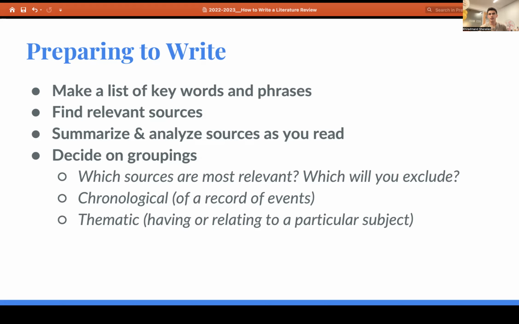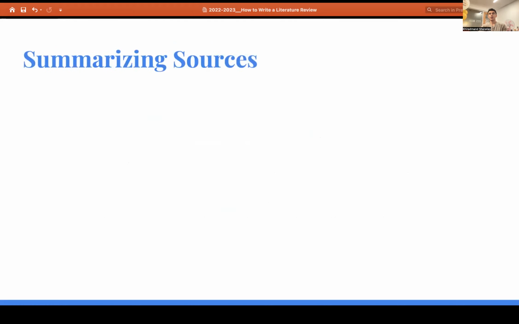Or politics or sociology or something. And then also the methodological side, right? So you need to identify and categorize what kind of methodologies have been applied previously by other scholars. So this being said, now we move to the main parts of a literature review.